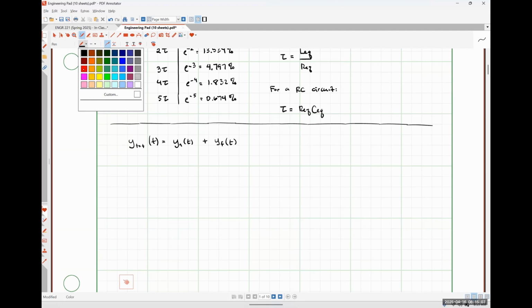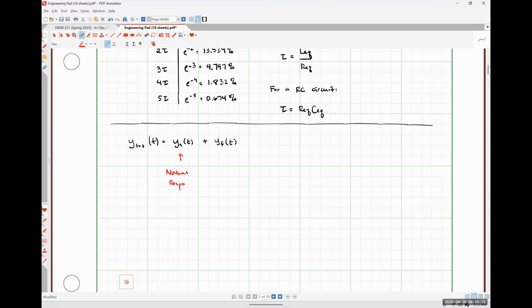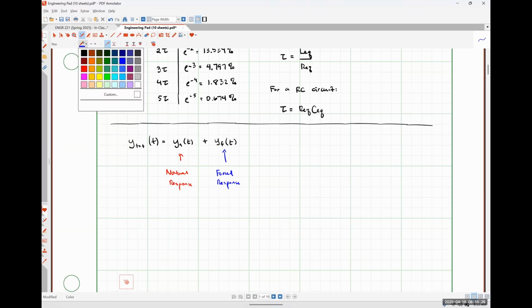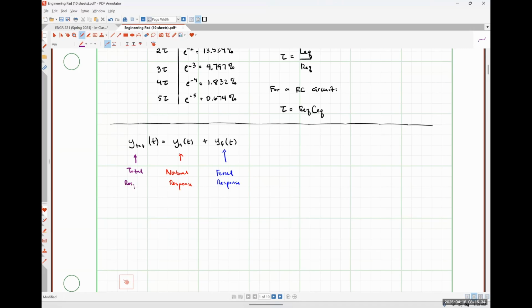So I'm going to make a little note here. Y sub N is the natural response. Y sub F is the forced response. And Y sub total is the total response.